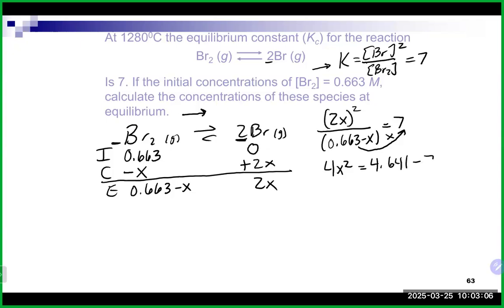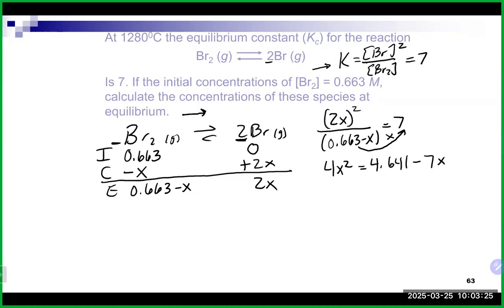That gives 4.641 minus 7x. Remember, we want to get this into our quadratic equation, so we need to bring everybody to the same side and set it equal to 0. As I mentioned last time, it doesn't really matter which way you go, but most people like to leave the x squared as a positive number.